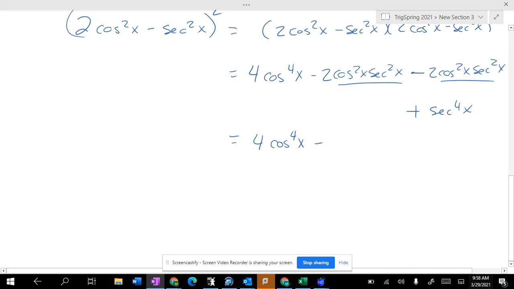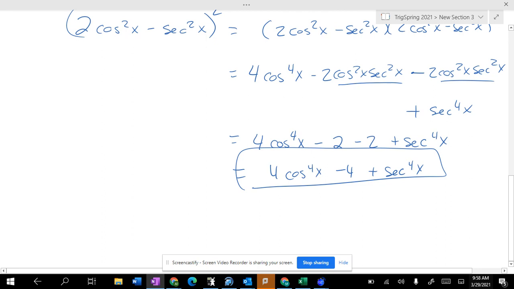They're reciprocals of each other, right? So cosine times secant is 1. What would cosine squared times secant squared be? 1 squared, which is 1. So 2 times cosine squared secant squared would just be 2. So it's 4 cosine to the 4th x minus 4 plus secant to the 4th x.